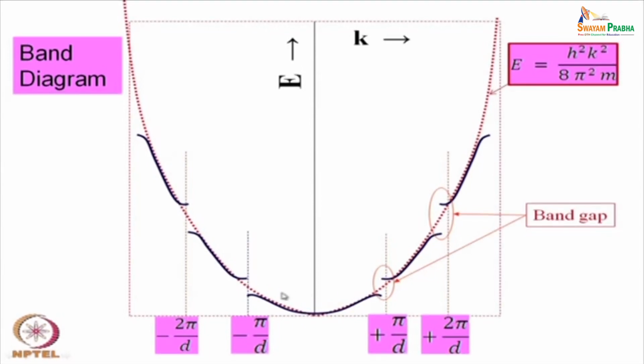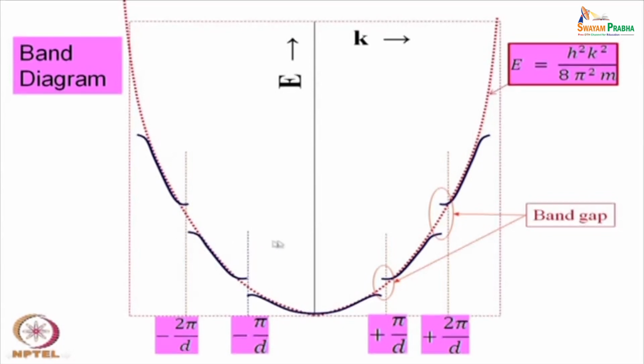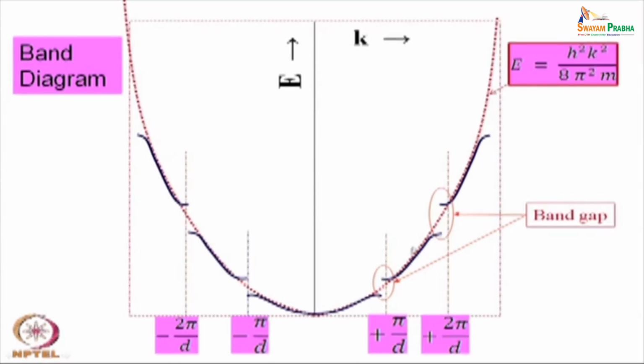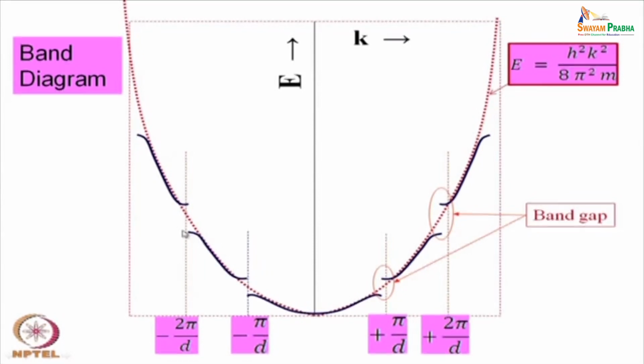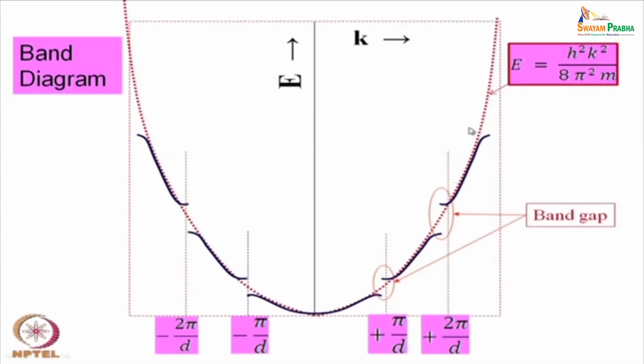Then suddenly it goes to the higher level and starts again. So, once again there are continuous energy levels available in this band. So, this band of energies is continuous. Then again there is a discontinuity, and once again there is a continuous band.